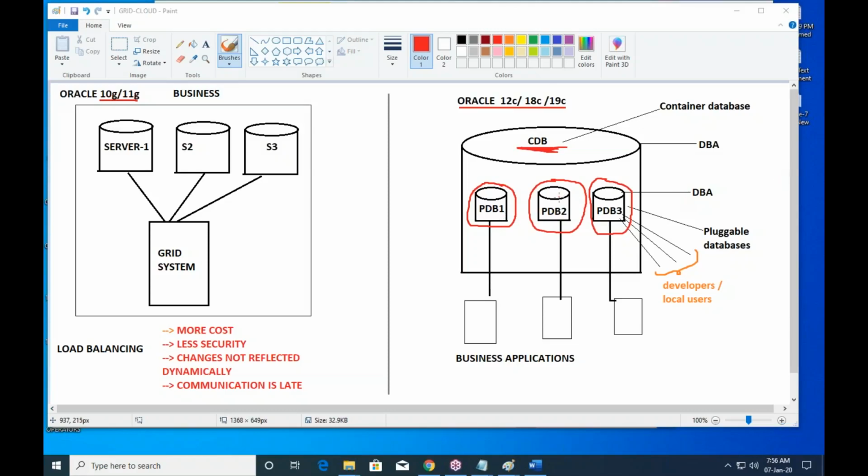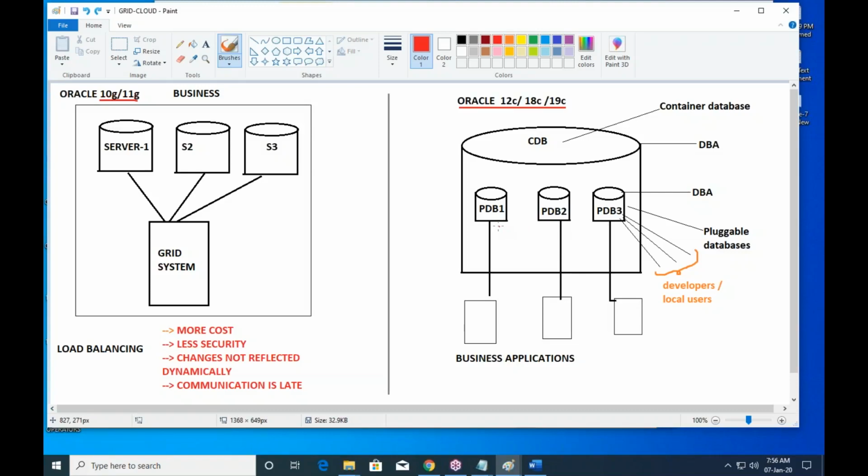For the different branches, I can reserve some space for each branch. Means within the single big database, you are maintaining all your branches data. Understand?